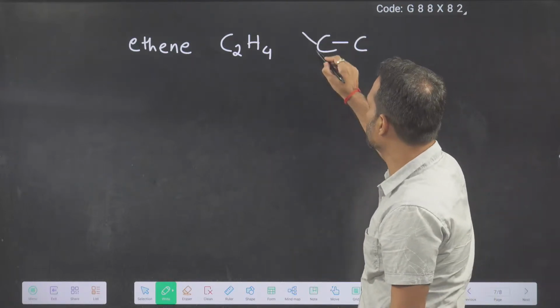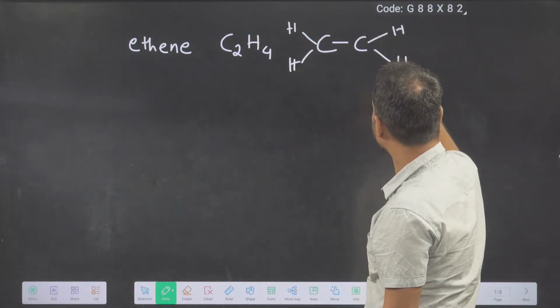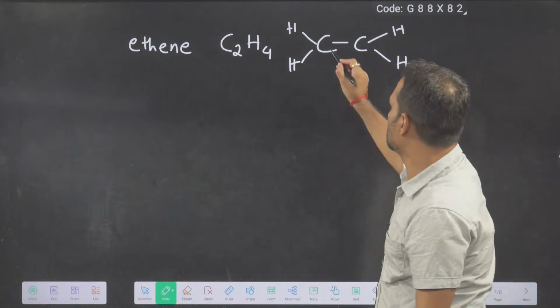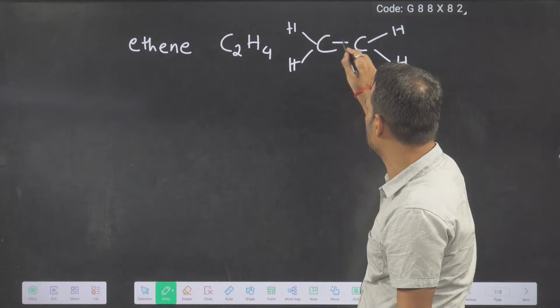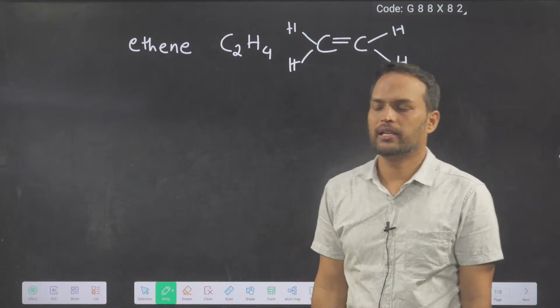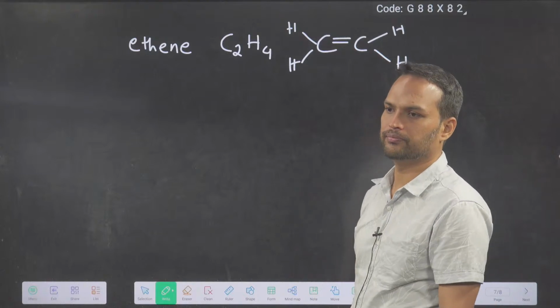Connect carbon to carbon, with 4 hydrogens. Now you will see that the carbons do not have 4 bonds, so there is a pi bond. Is this structure clear to everyone? This is the alkene ethene.